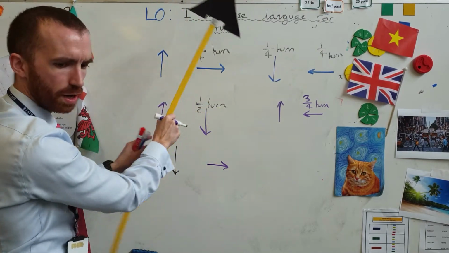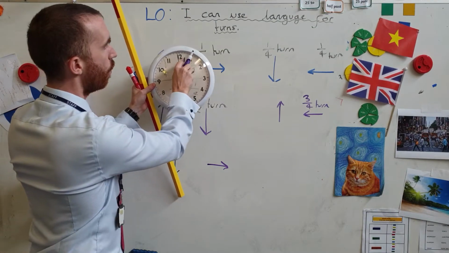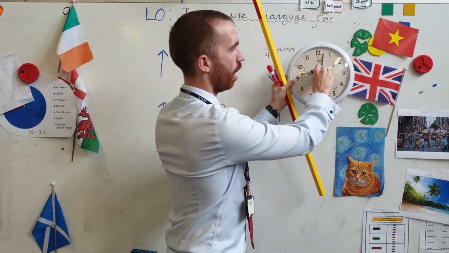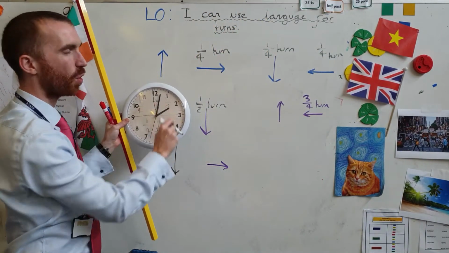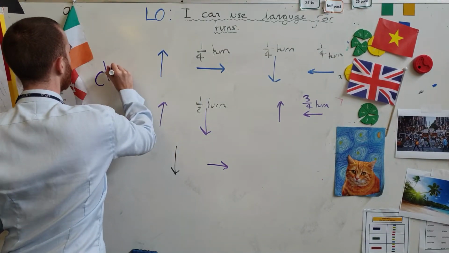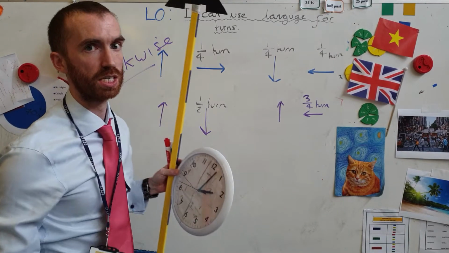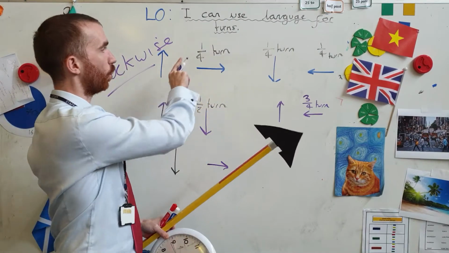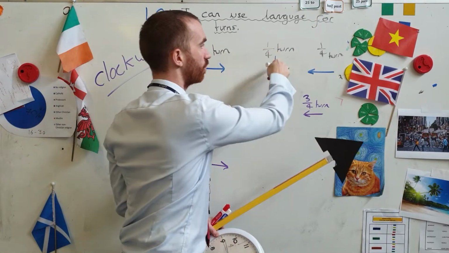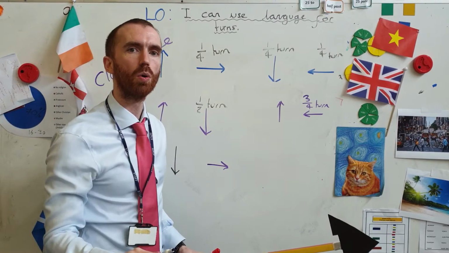I've been going the way around that a clock goes. Every time I've been going the way of a clock. In other words, I've been going clockwise. So all of this has been clockwise. You don't really need to say it when you're going clockwise, but you can say that's a quarter turn clockwise. Another quarter turn clockwise. From here to here, that's a half turn clockwise.